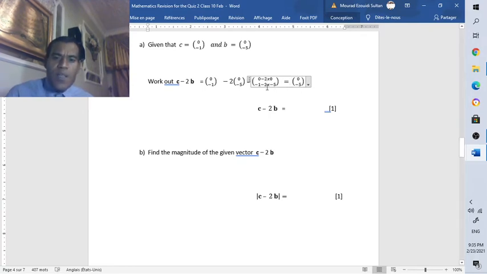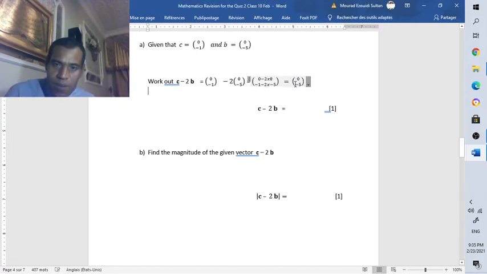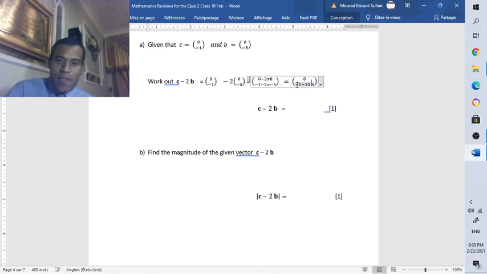Then -1 minus 2 multiplied by -5 will be -1 plus 10, because minus by minus is positive. This one will be 9.